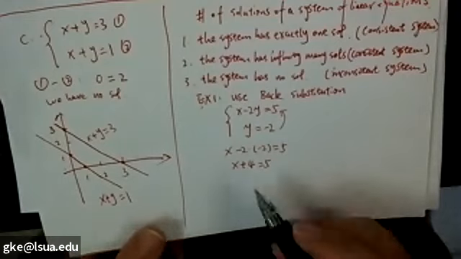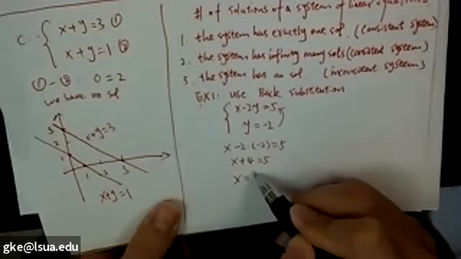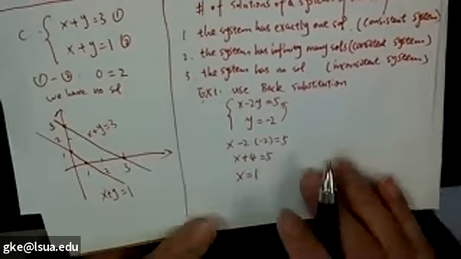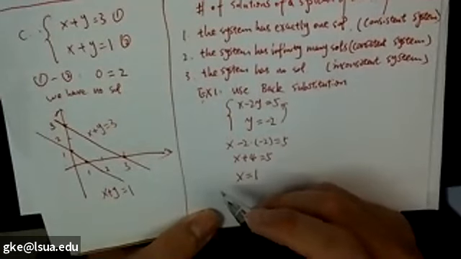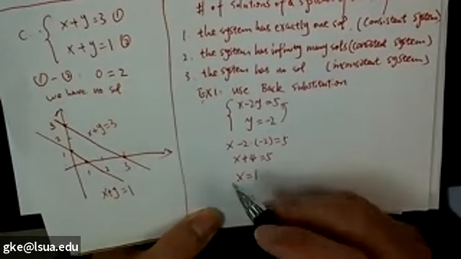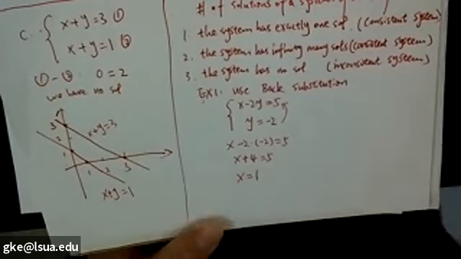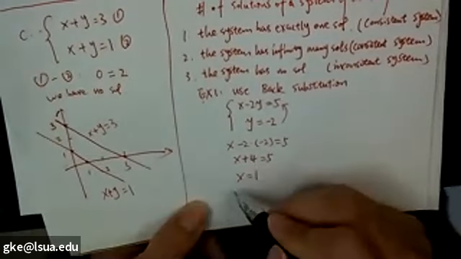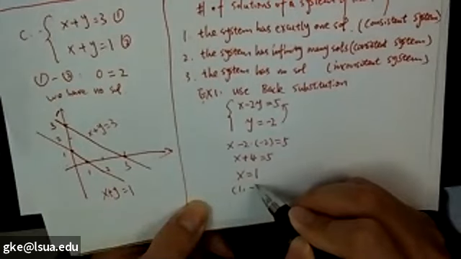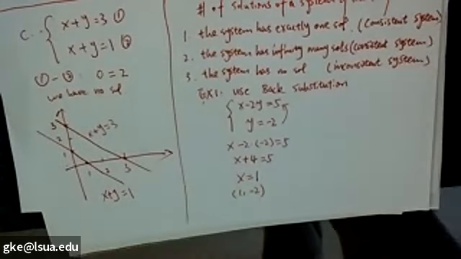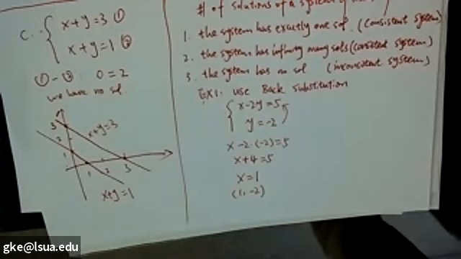And x equals 1. The solution set for this equation system is (1, -2).